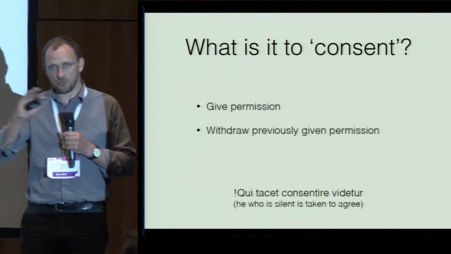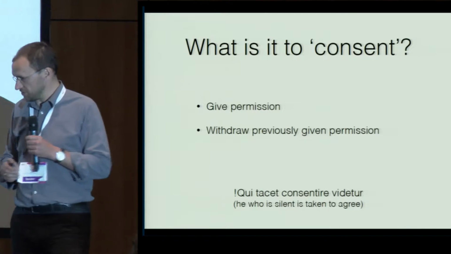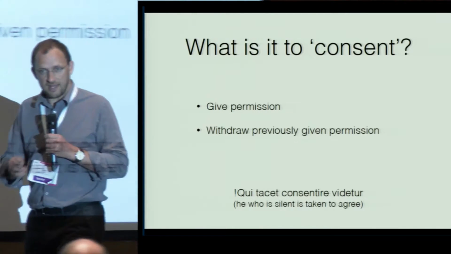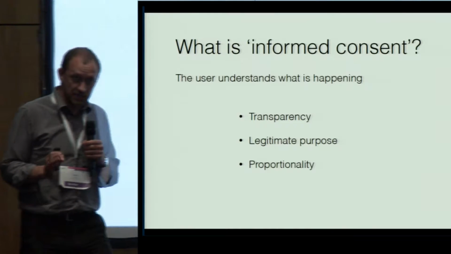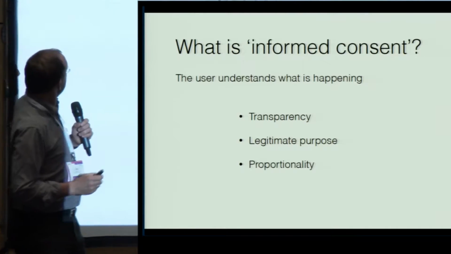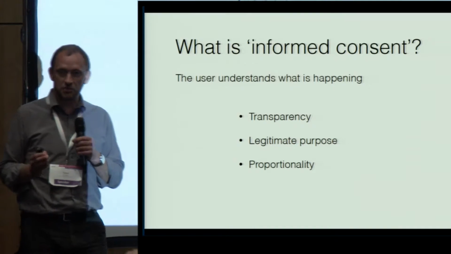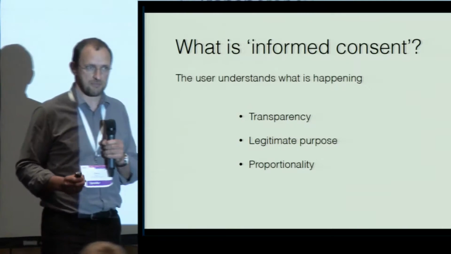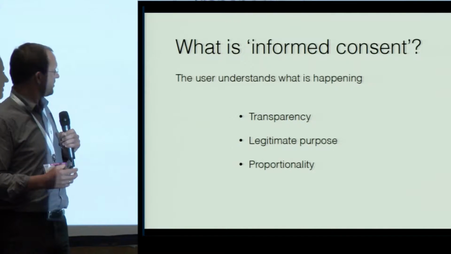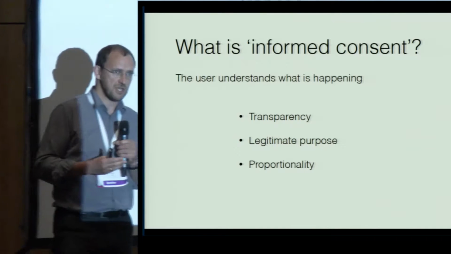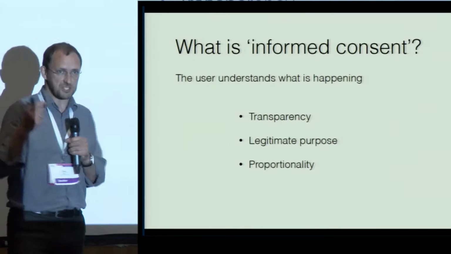Now that is the most basic definition of consent, but there's also another version called informed consent. And informed consent is a little more tricky to handle because now we actually have to make sure that the user understands what is happening. There's much more to informed consent than to the simple consent because there are three principles that we must observe. And one is transparency.